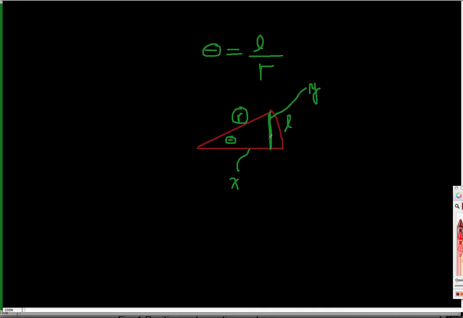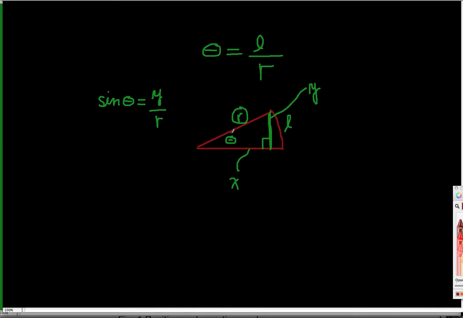We define the sine of the angle, sine theta, as equal to y divided by r.